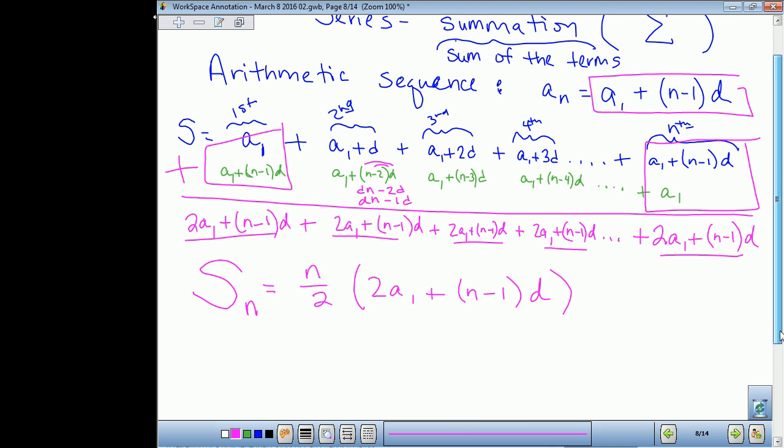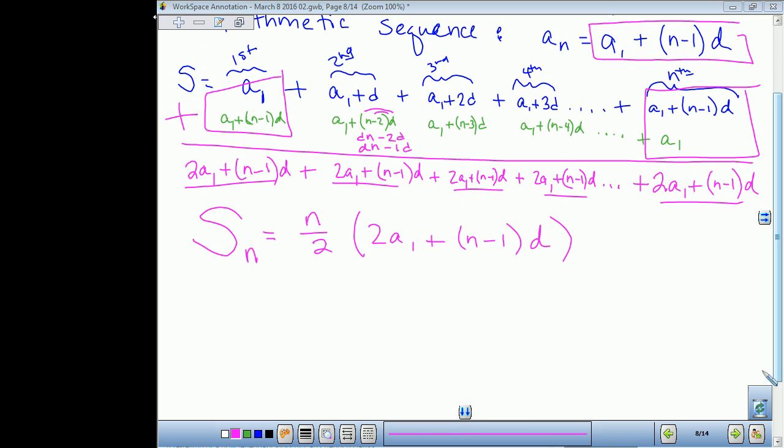So let's manipulate this formula a little bit. I'm going to break this formula apart. We just added these two a's. I'm going to separate them. Do you see all I did was break that back up?